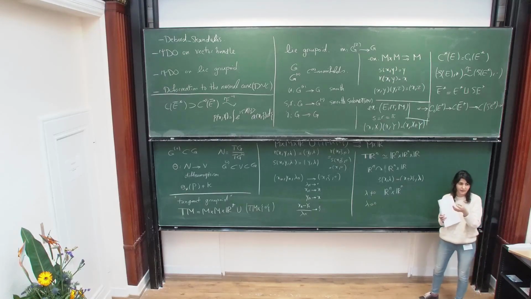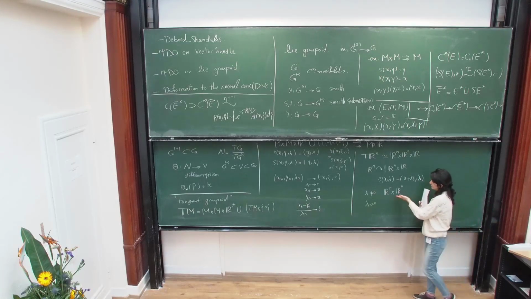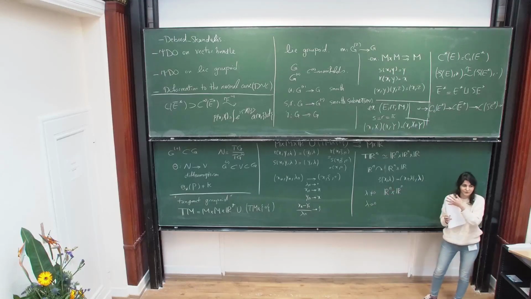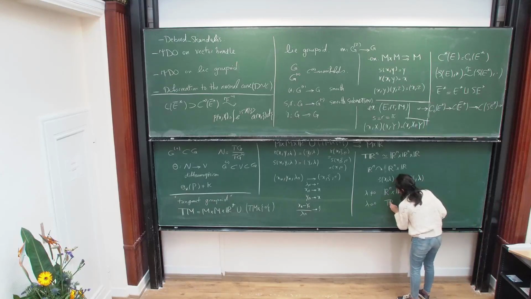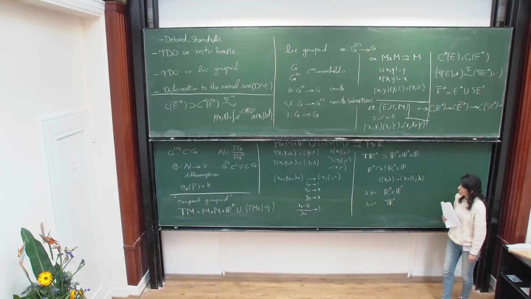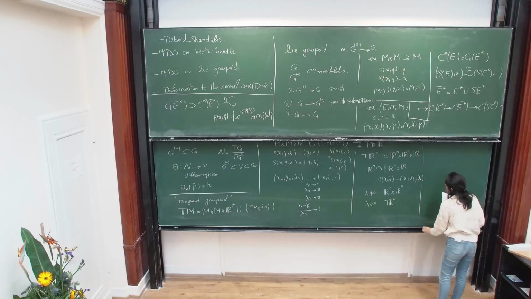So again, I have a group Rn indexed by Rn, so it is Rn cross Rn, but the structure is different. It's copies of Rn, which gives me the tangent space of Rn. So this is an example of a tangent groupoid.